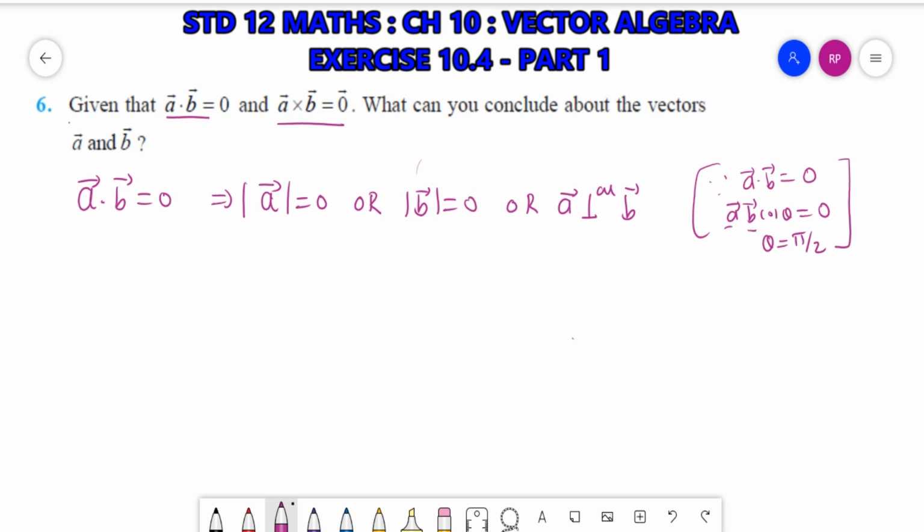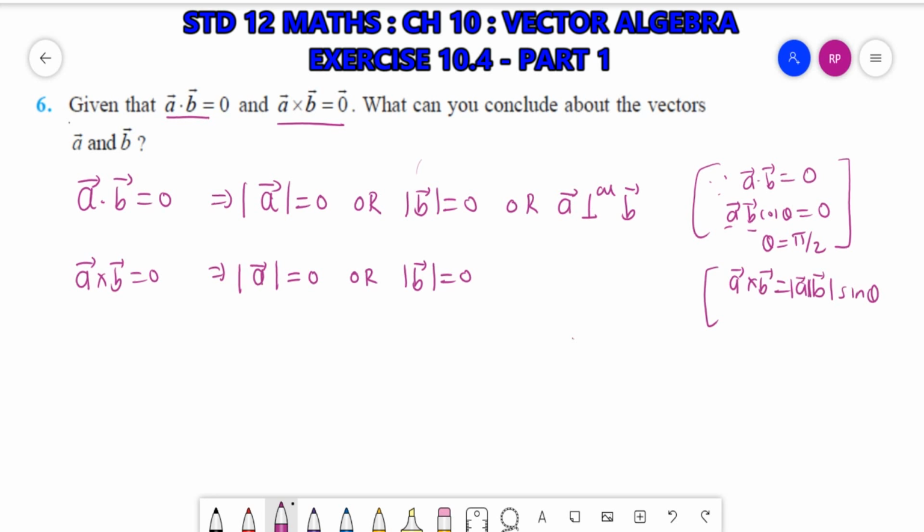Okay, now the second part. A cross B is equal to 0. In this case also, either the magnitude of A is 0 or the magnitude of B is 0. If the magnitude of any one of the vectors is 0, then the cross product will be equal to 0. Now what is the formula for A cross B? That is equal to magnitude of A, magnitude of B, sine theta, right?